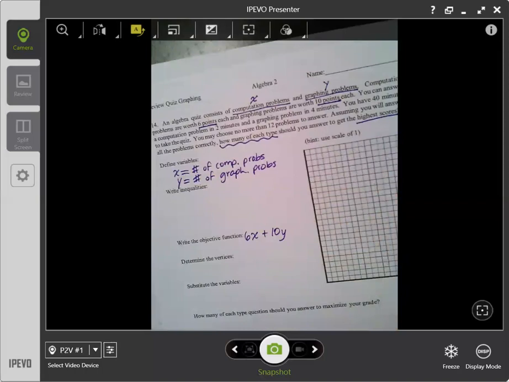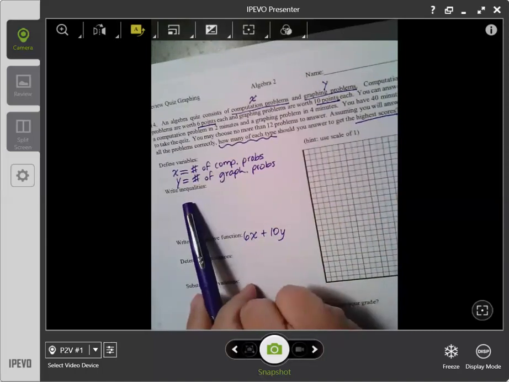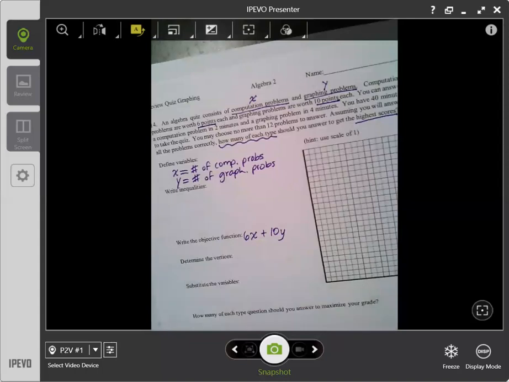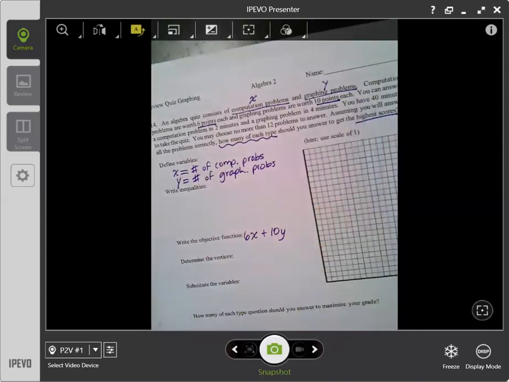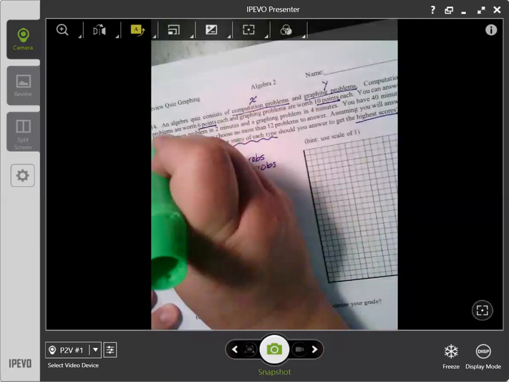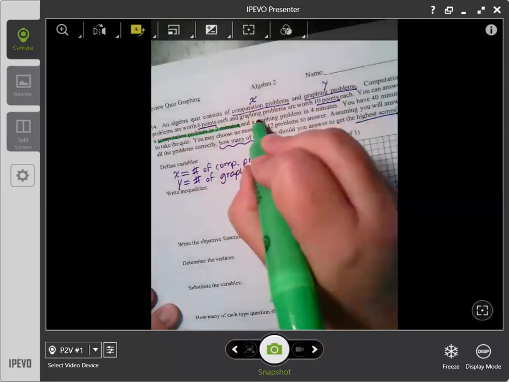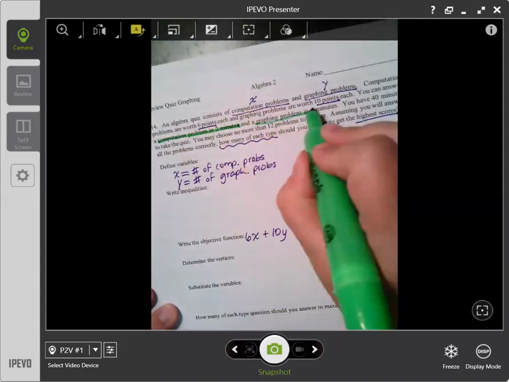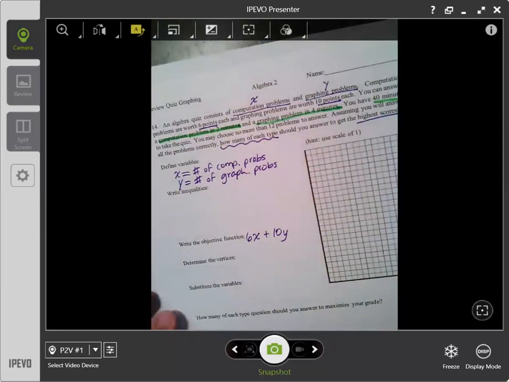Okay, now the rest of the problem is going to give me these inequalities, also called constraints. We've already figured out what we needed from the first two sentences. Next, we have: you can answer a computation problem in 2 minutes and a graphing problem in 4 minutes. You have 40 minutes to take the quiz. So that sounds like a limitation, and a limitation is what a constraint is all about.